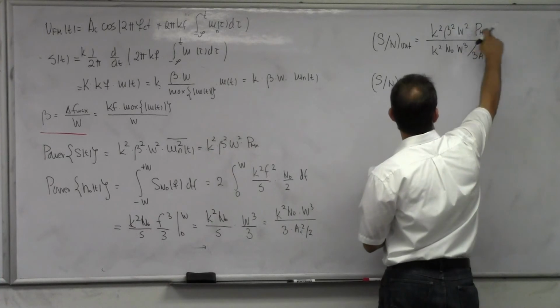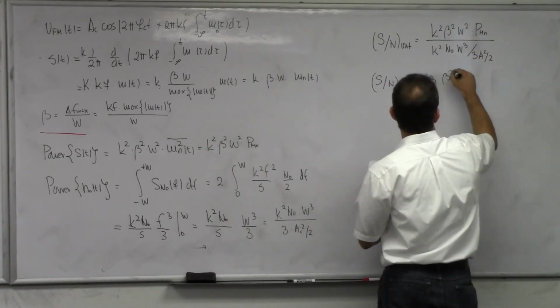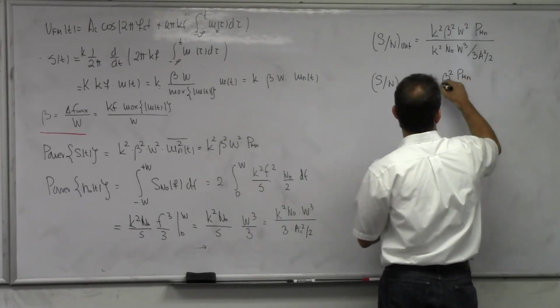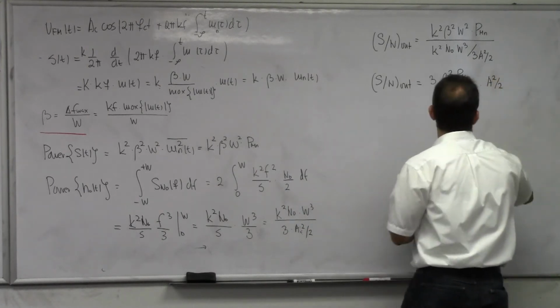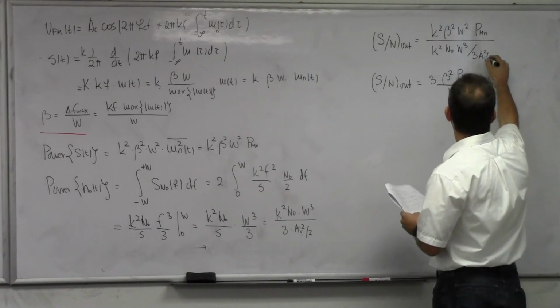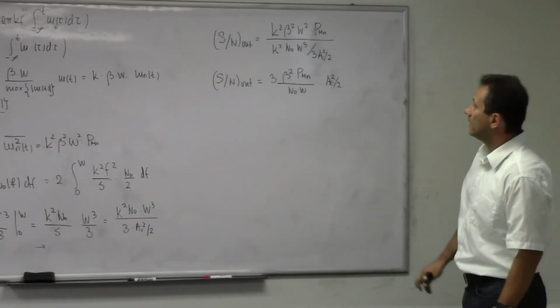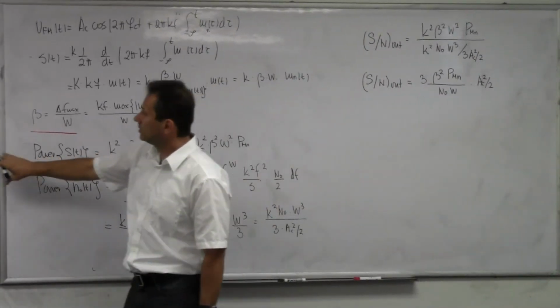And this 3a squared over c goes upstairs, so I have 3 beta squared, p message normalized. Downstairs I'm left with n0 times W, and then I have a squared over ac squared over 2 here as the last term. Okay? Now I have signal to noise output, I have signal to noise input.